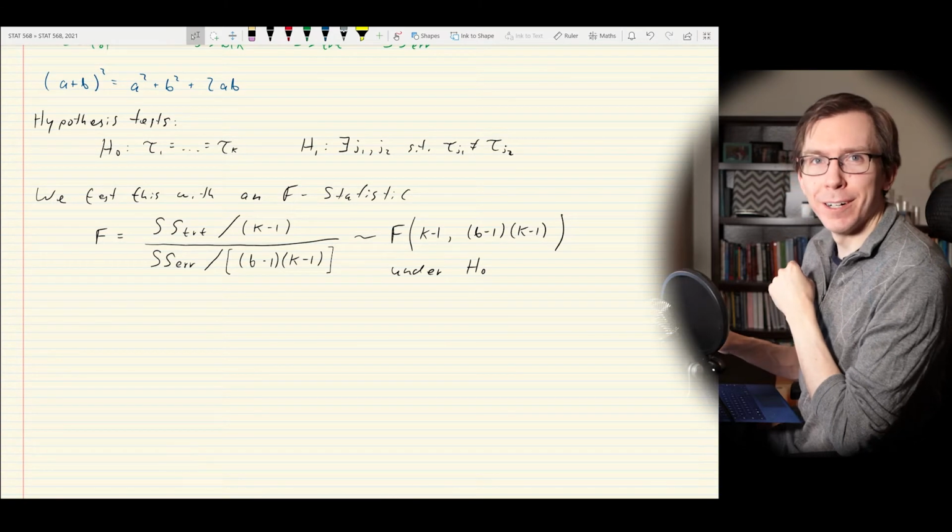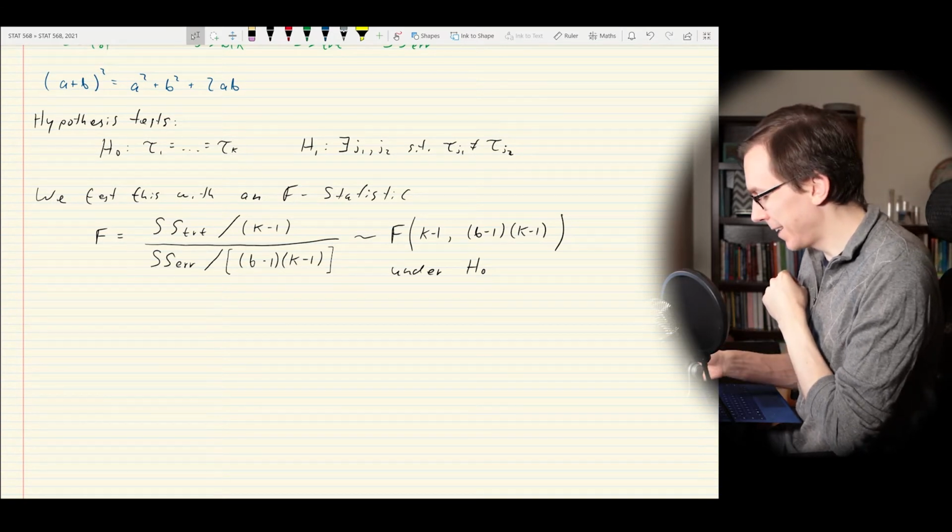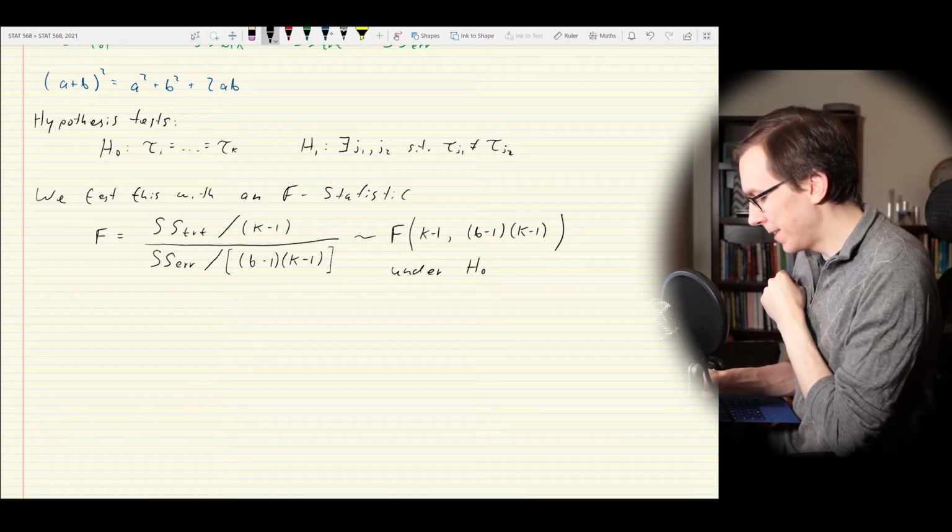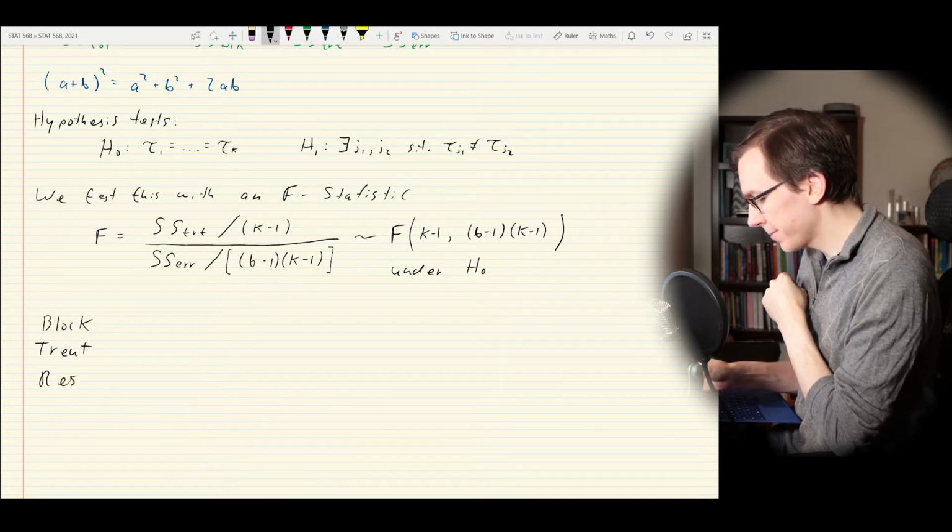If we are to write out the entire ANOVA table, the table will look something like this. We'll have a block, we'll have a treatment, and we'll have our residuals.